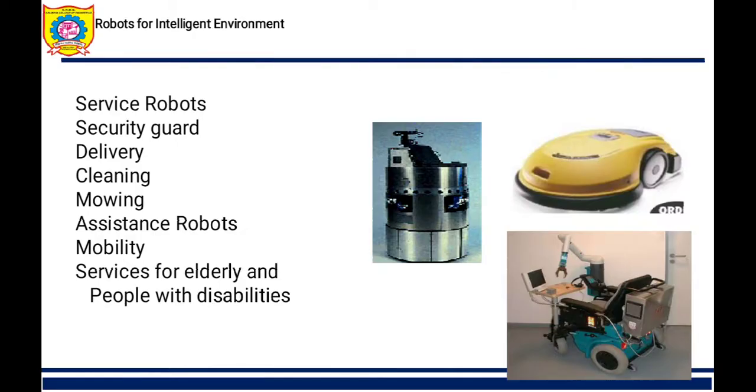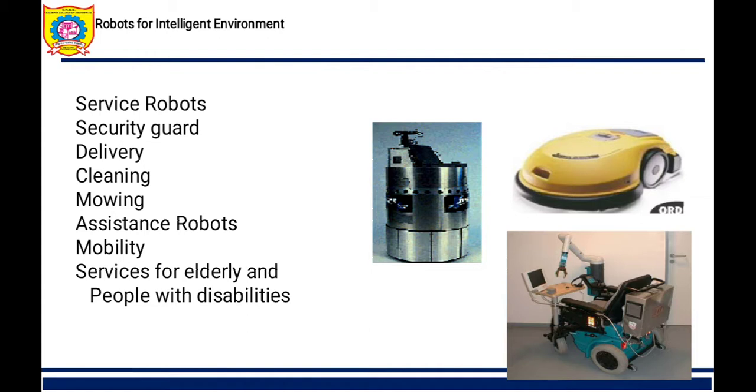Now robots for intelligent environments, like we have seen, service robots are there. Service robot means what? Robots to serve humanity. Actually all are serving humanity only. A security guard robot can act as a security guard. It can act as a delivery machine. It can be used for cleaning, right? Moving assistance robots can be there.